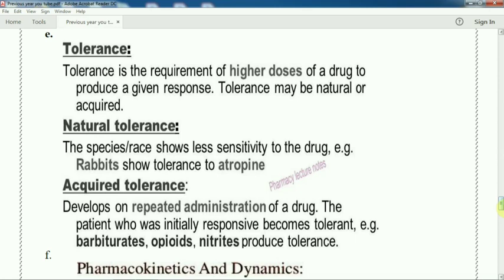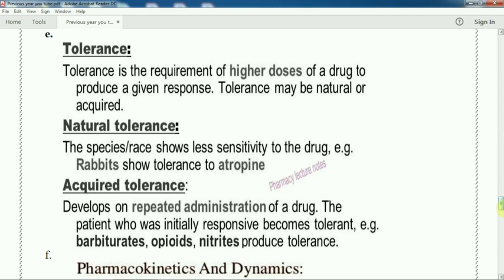Suppose one example. Today we are taking 50 mg of aceclofenac. Repeatedly you are taking it, so after a few days it does not respond. Barbiturate drugs, opioid analgesic drugs or nitrite drugs produce tolerance. So these drugs do not respond.